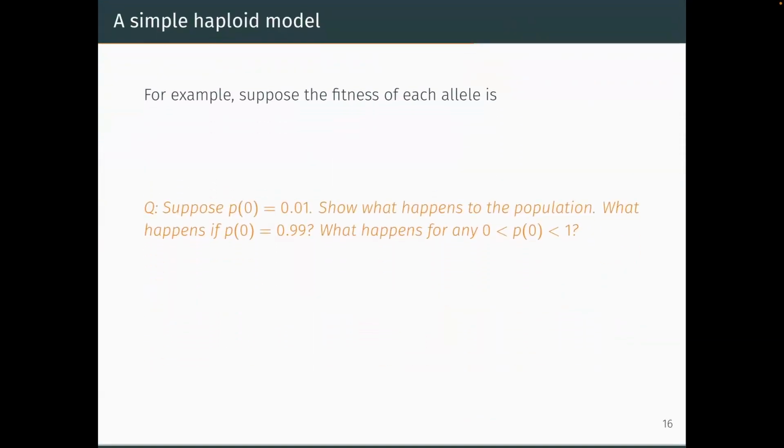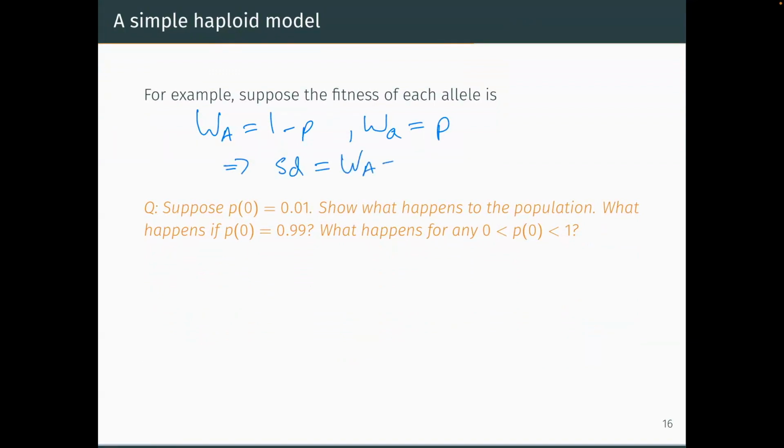Okay, so these are just very generic functions. Suppose, for example, that the fitness of our capital A allele is equal to 1 minus P. Remember, P is our frequency of our capital A allele. And conversely, we'll say the fitness of our little a allele is equal to P. So if we want to, we can work out our selection differential.